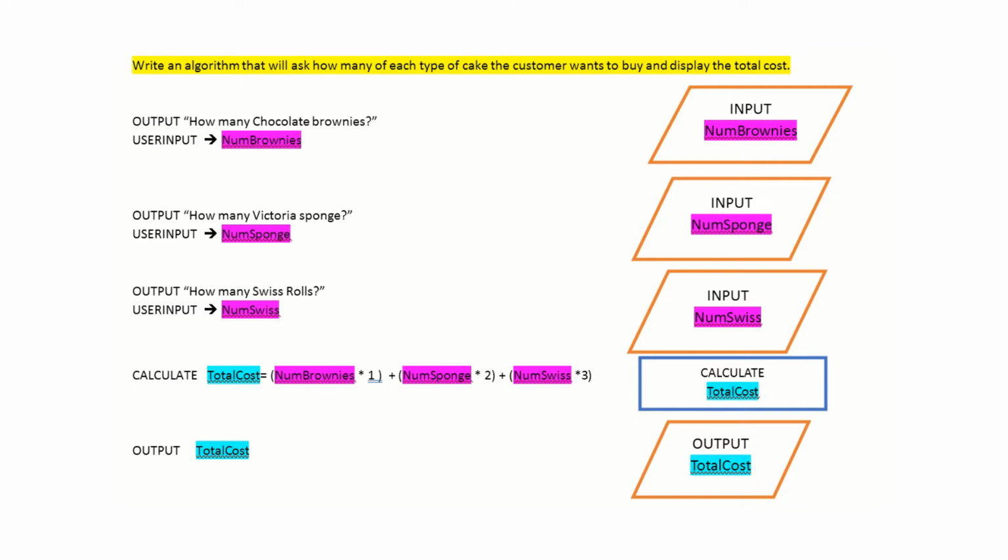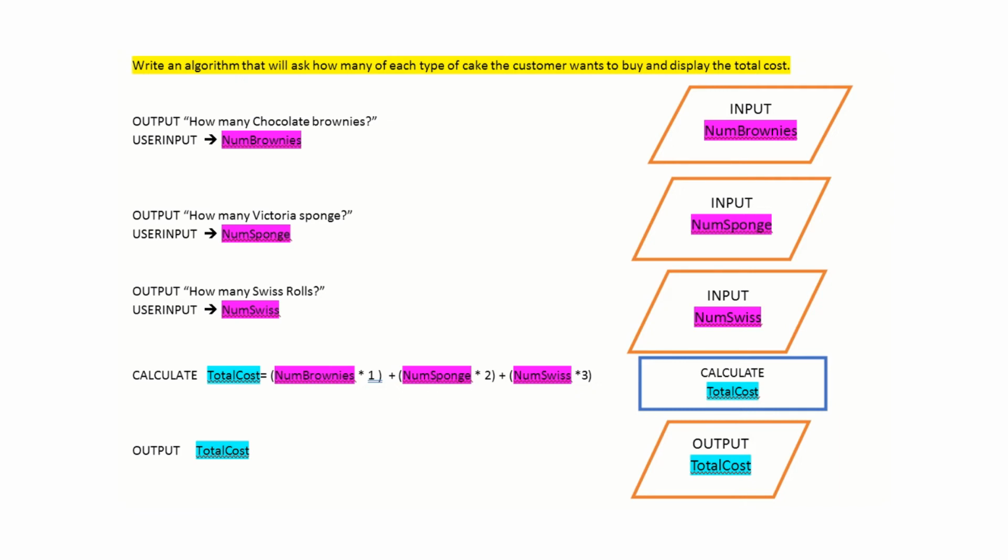And then waiting for their answer and then storing it in a variable. So I'm going to wait for the user to input something, and when they do, whatever they put in, I'm going to put it in num brownies. So I've taken number of brownies and I've made a suitable variable name called num brownies. And I'm going to do the same for how many Victoria sponge and how many Swiss rolls, and each time store it in a different variable.